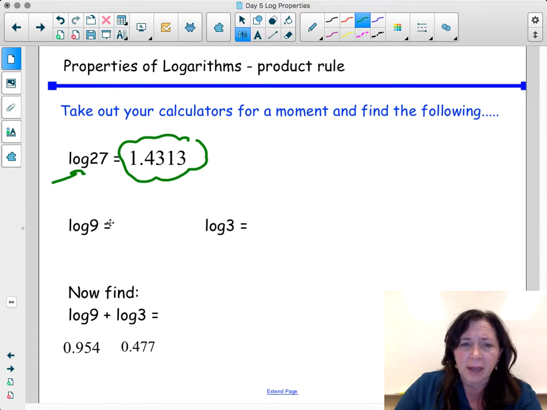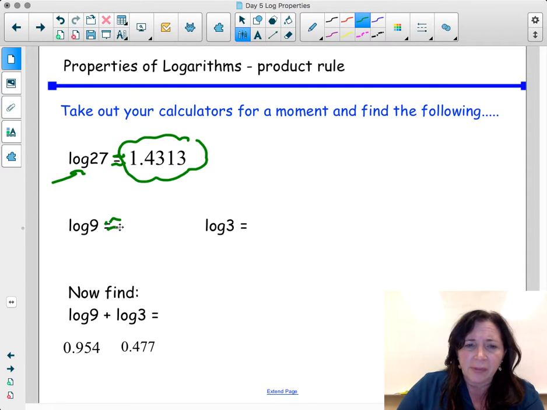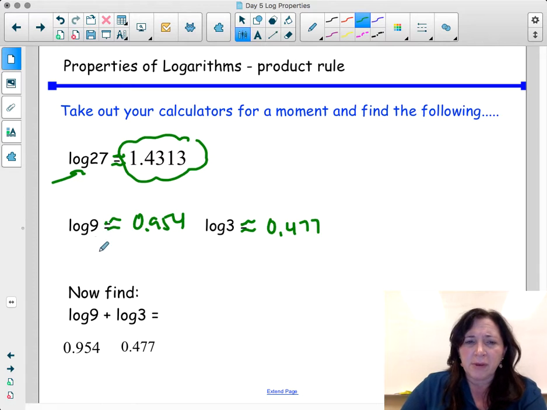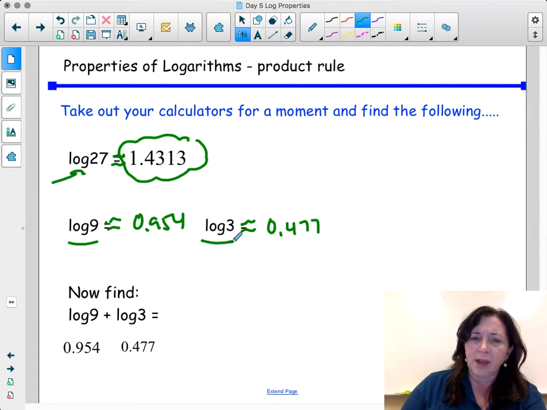Log base 10 of 9 is approximately 0.954, and log base 10 of 3 is approximately 0.477. So maybe you're asking me, well, why am I using those two values?